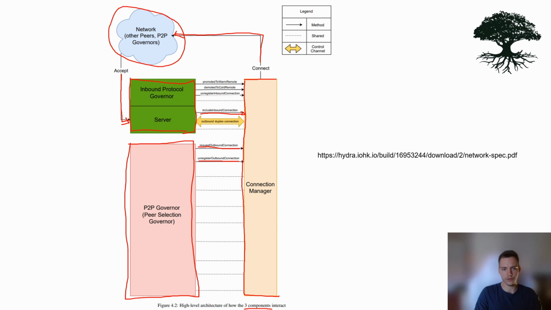The inbound protocol governor has some methods that also get passed to the connection manager, such as promote to warm, demote to cold, and unregister the inbound connection.